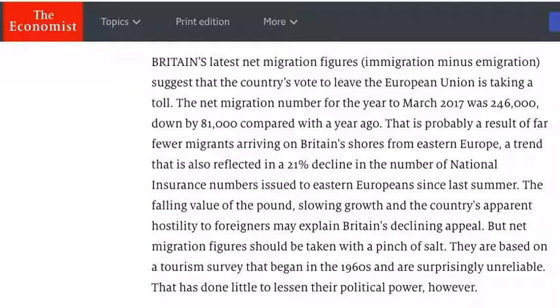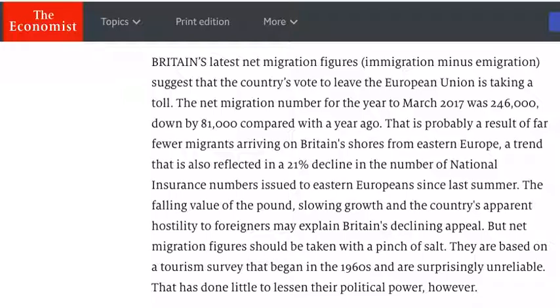That is probably a result of far fewer migrants arriving on Britain's shores from Eastern Europe, a trend that is also reflected in a 21% decline in the number of national insurance numbers issued to Europeans since last summer. In this sentence, the Economist tries to explain why the numbers have gone down.